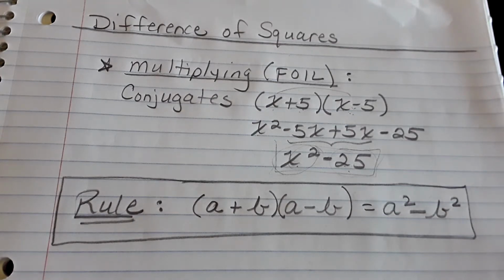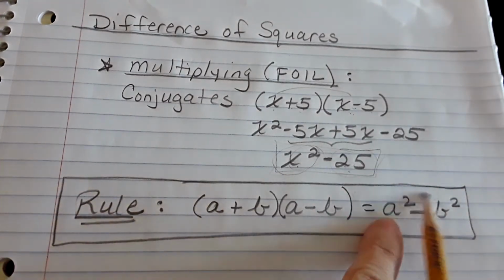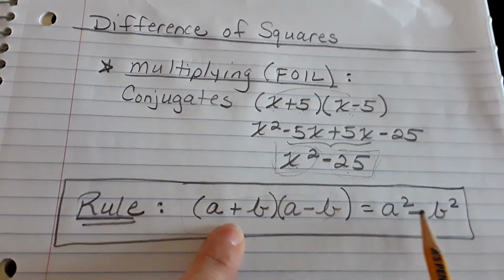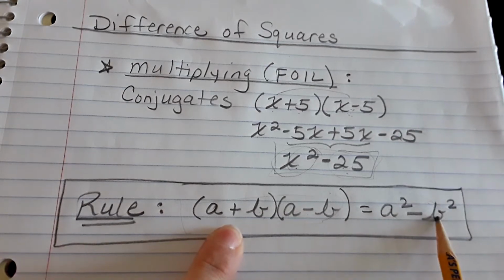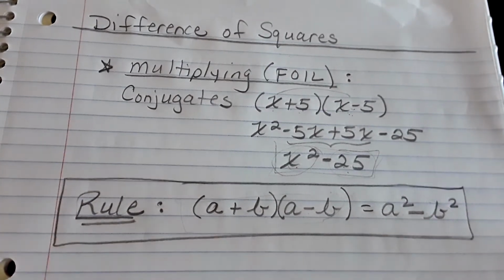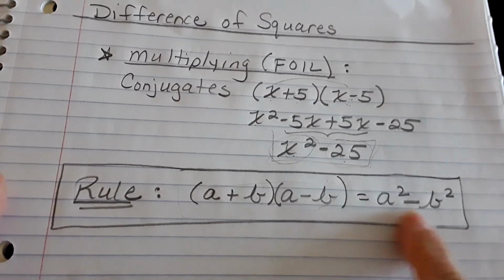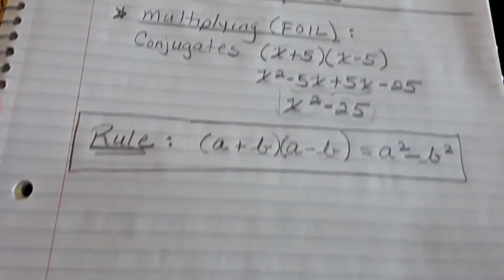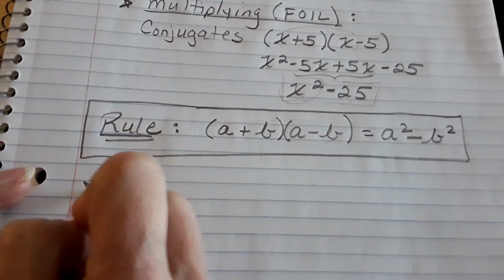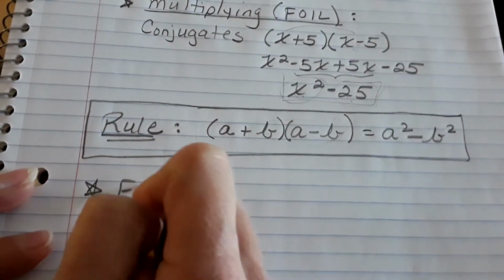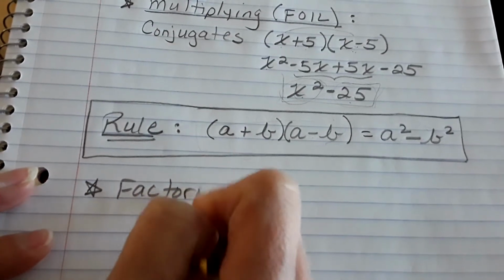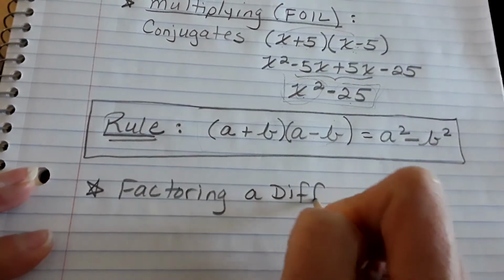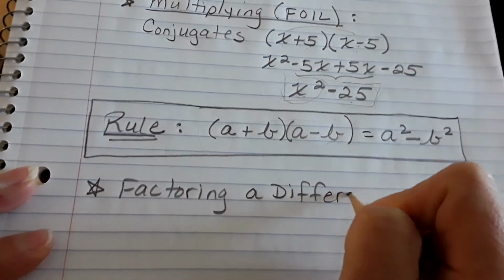Okay. So now let's talk more about starting with this and turning it into this. This is the factored form of this polynomial right here. Okay. So if I want to factor this, I want to write it as a product and make it look like this. So we're going to factor a difference of squares.